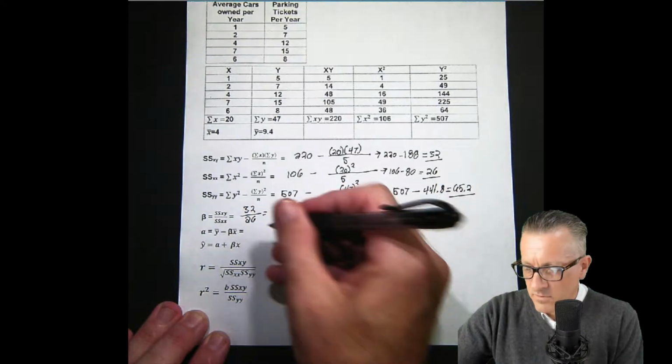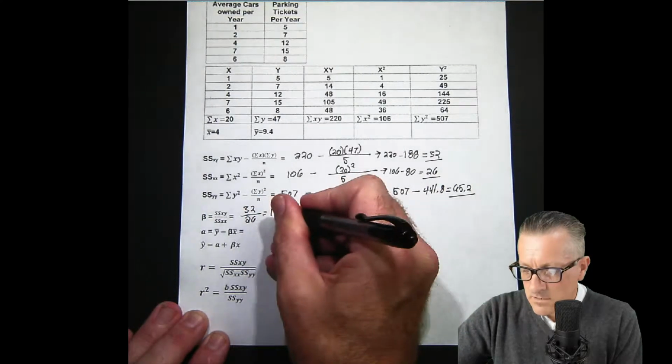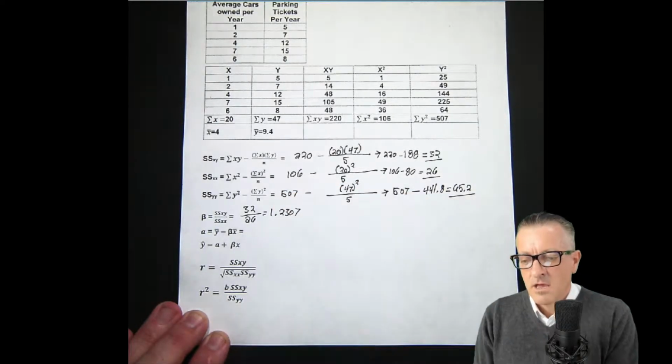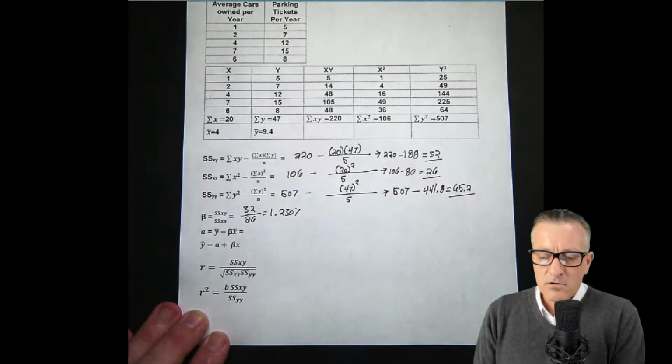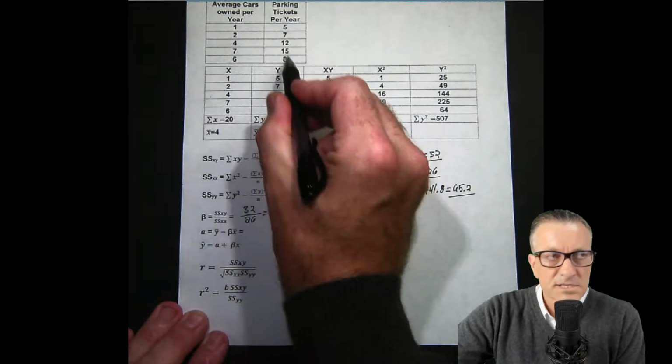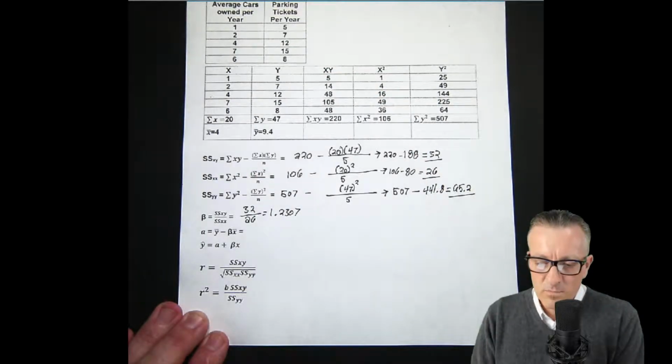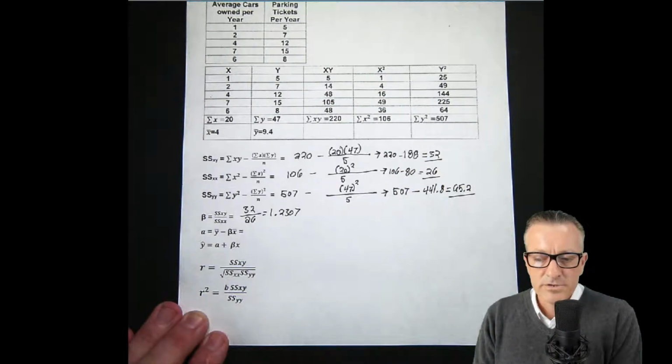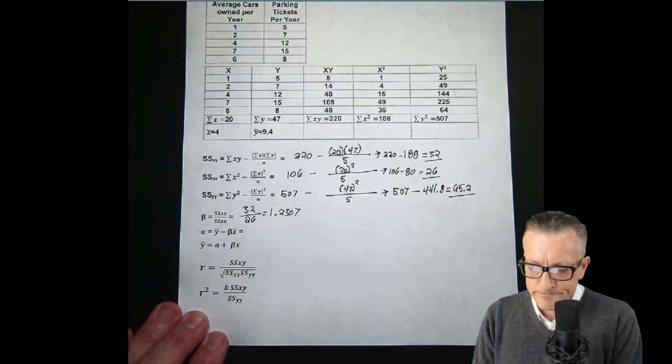With that math, we end up with 1.2307. I like to go out pretty far with the decimal places, because when these numbers are large, we can lose some precision when we're doing this.